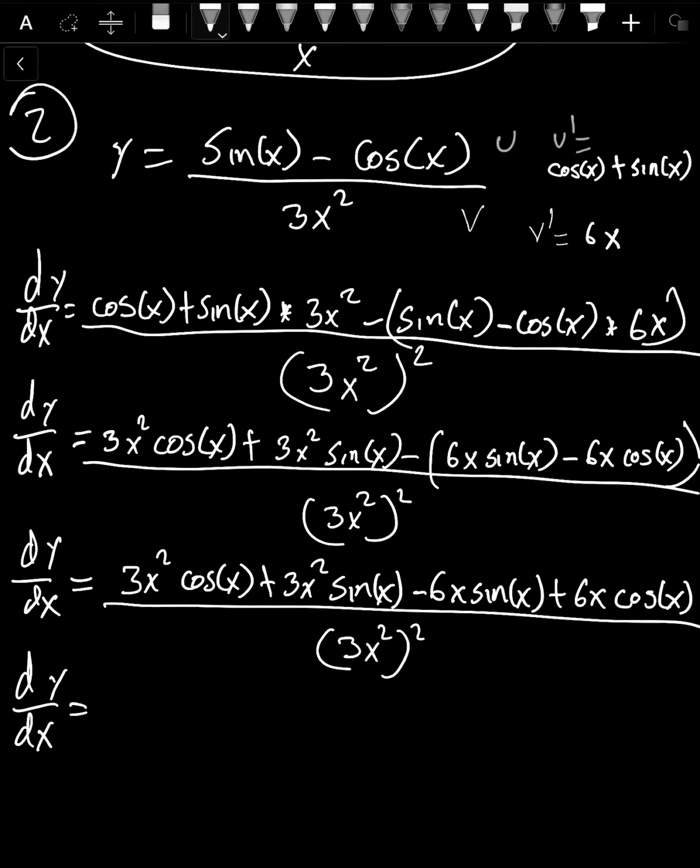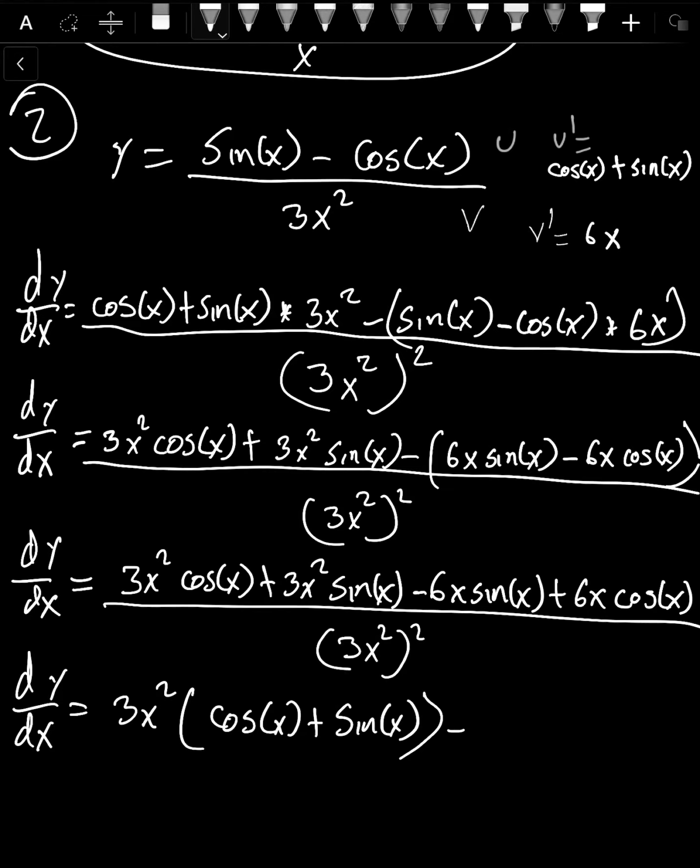Let's simplify things. So we can factor out the 3x squared in this first term. So let's do it. 3x squared times cosine of x plus sine of x, right?